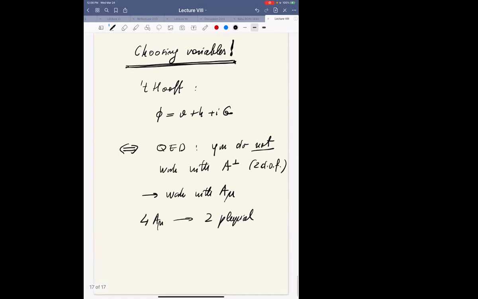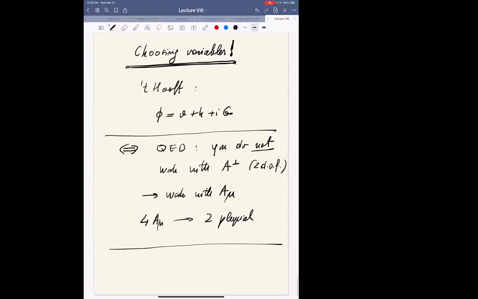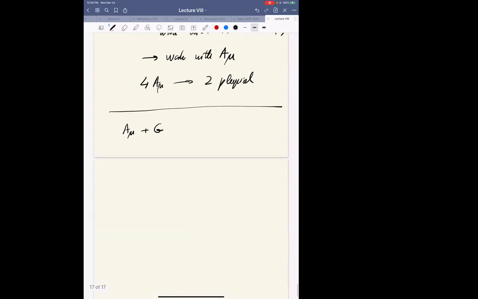So what 't Hooft says, so this is QED, this was the analogy. Now when I have A mu plus G in my theory, that's 5 degrees of freedom, but only 3 are physical. It's very similar to what we do in QED.